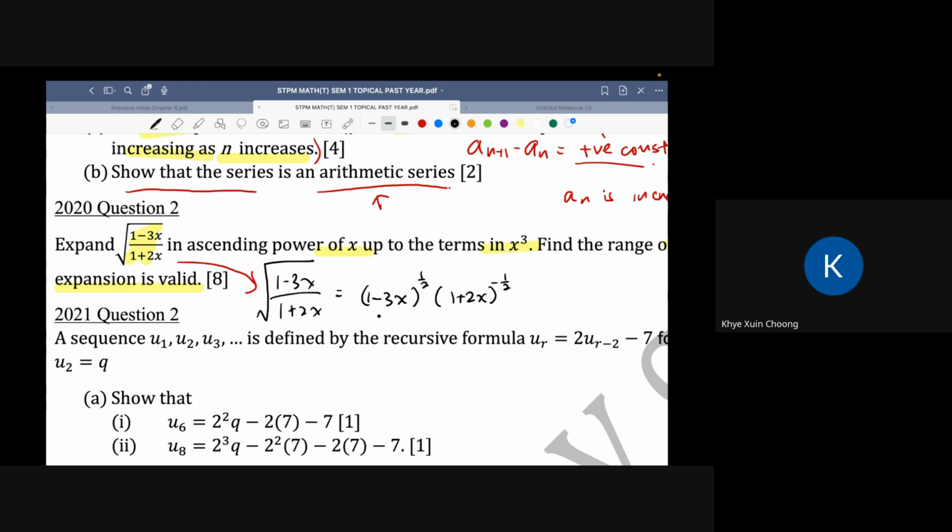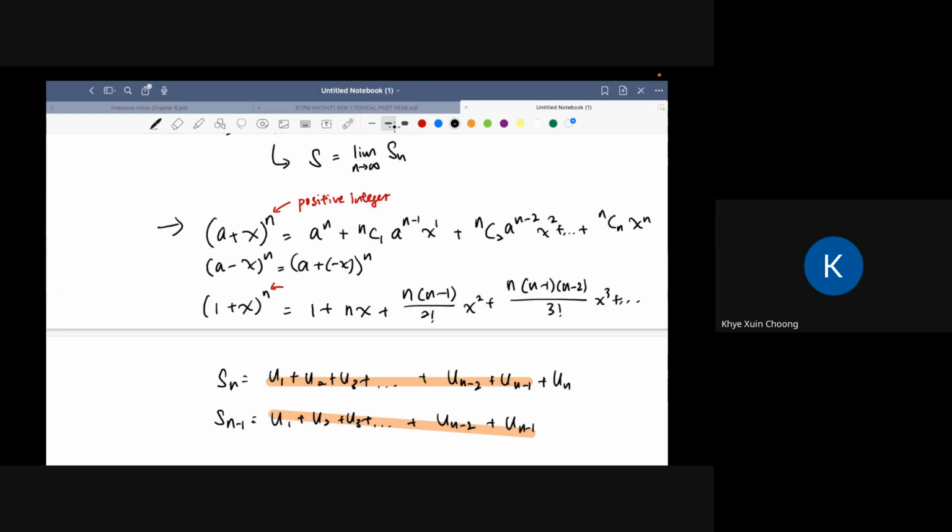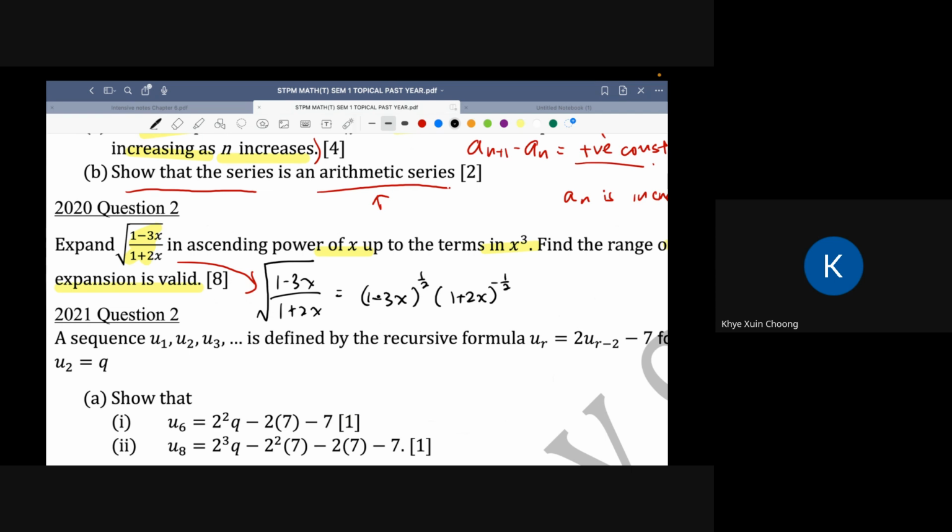If you are able to write it in this form, you should be able to apply this formula. Maybe you still can't see the formula, so you can write it like this: 1 plus negative 3x, and 1 plus 2x. Later you get the formula over here.